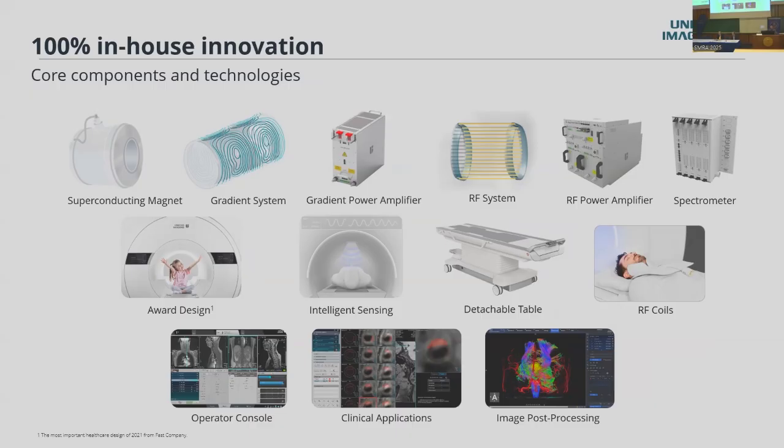So by making all these core components in-house, the integration and optimization on the system levels can be guaranteed to support the simplified and user-oriented workflow designs. And also very importantly, across all UMR systems, we use the same design of the user interface and share majorities of the applications and processing platforms. So this is very important, and we'll see it later.